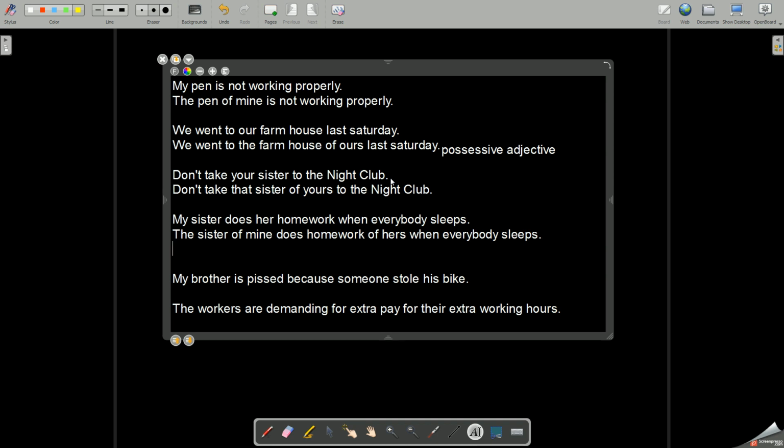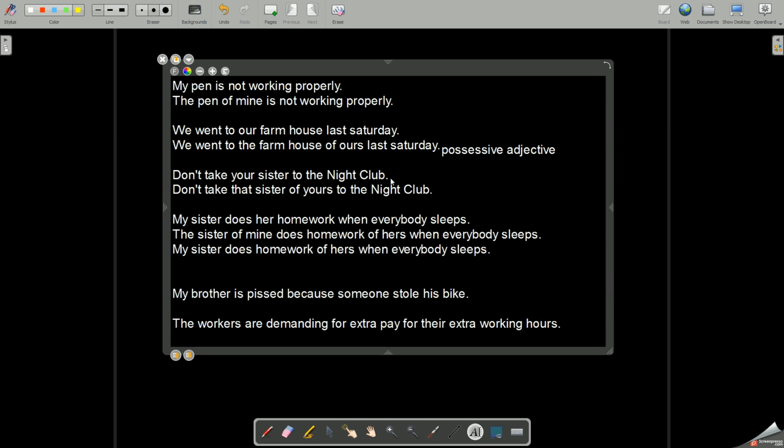I can also write, my sister does homework of hers when everybody sleeps. Or I can also write, the sister of mine does her homework when everybody sleeps.